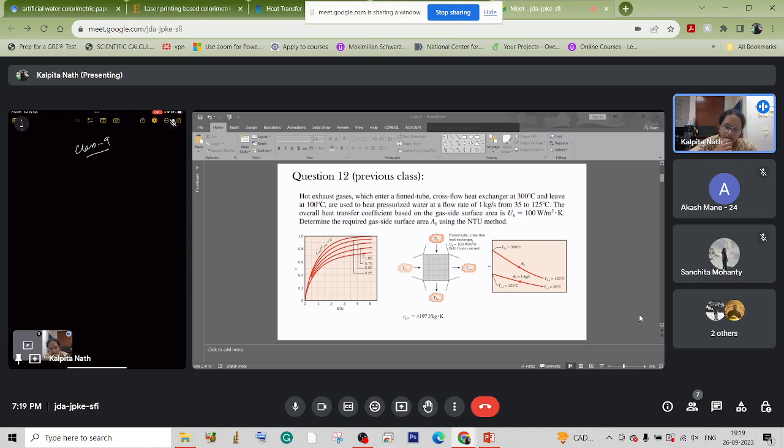The schematic diagram is already represented in the question itself, and the curve that we need to use for finding epsilon, that is the effectiveness, is also given here. Based on C_min and C_max, and the NTU, we can calculate the effectiveness.